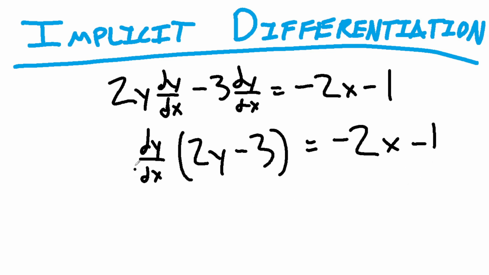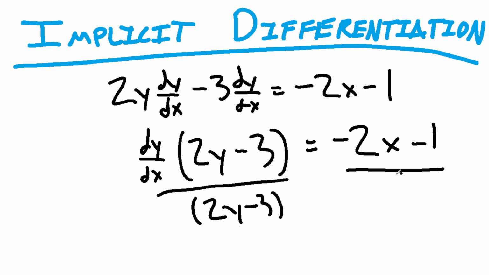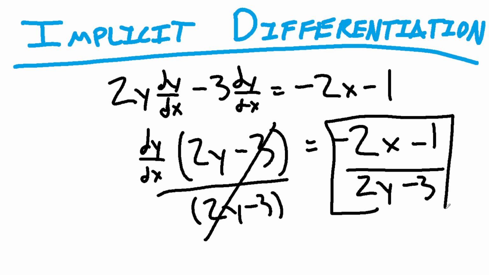And if we're trying to find what dy/dx equals, we have to isolate it. So let's divide both sides by 2y minus 3. So here, these will cancel and become 1. So our final answer is dy/dx equals negative 2x minus 1 over 2y minus 3.